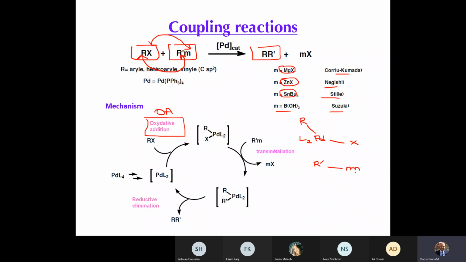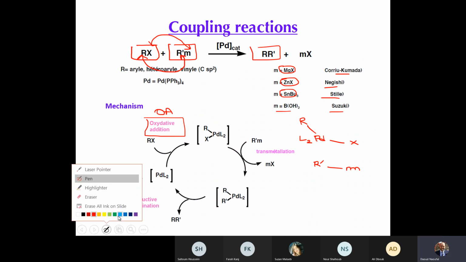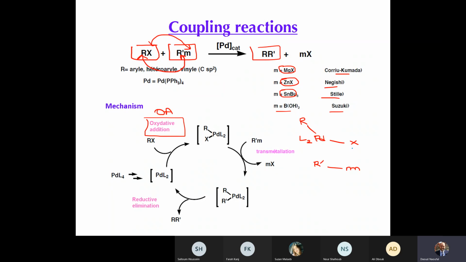When M R prime is added to the catalyst, we obtain what we call four centers, four bonds. We obtain interaction between them, and pay attention that the palladium, due to the size and to some electronic properties, is trans to the second metal M. So for this reason, this is a trans.